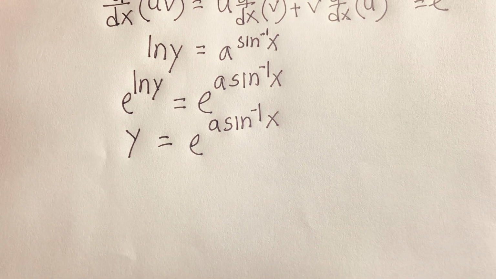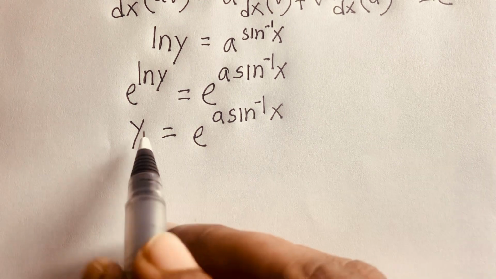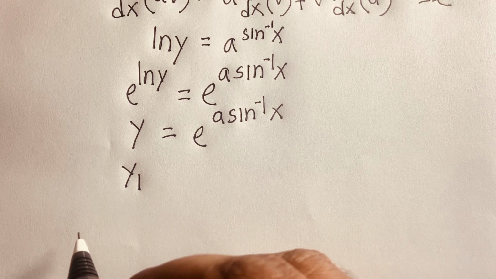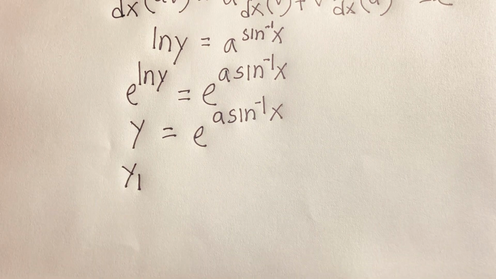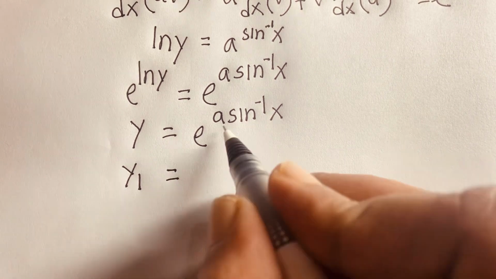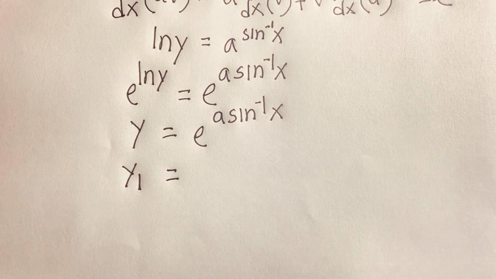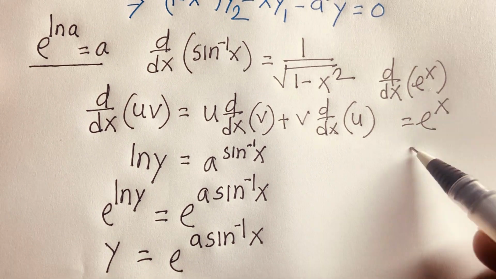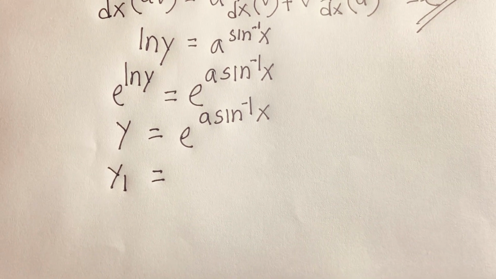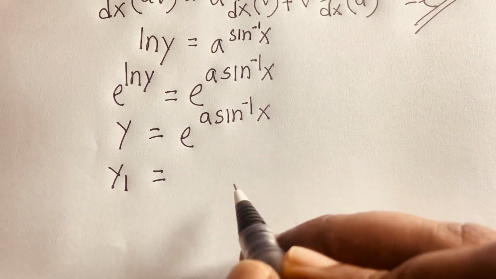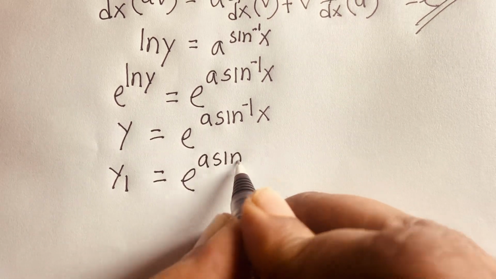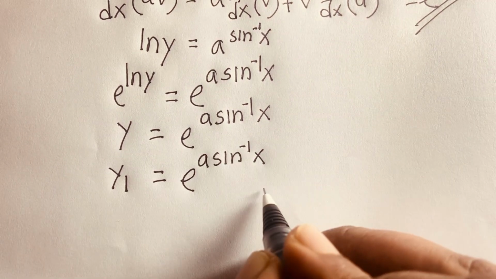If I take the derivative of both sides, the derivative of y, dy by dx, will be y1. And here is e to the power a sin inverse x. We know that the derivative of e to the power x is e to the power x, so the derivative of e to the power a sin inverse x will be e to the power a sin inverse x, with no change.